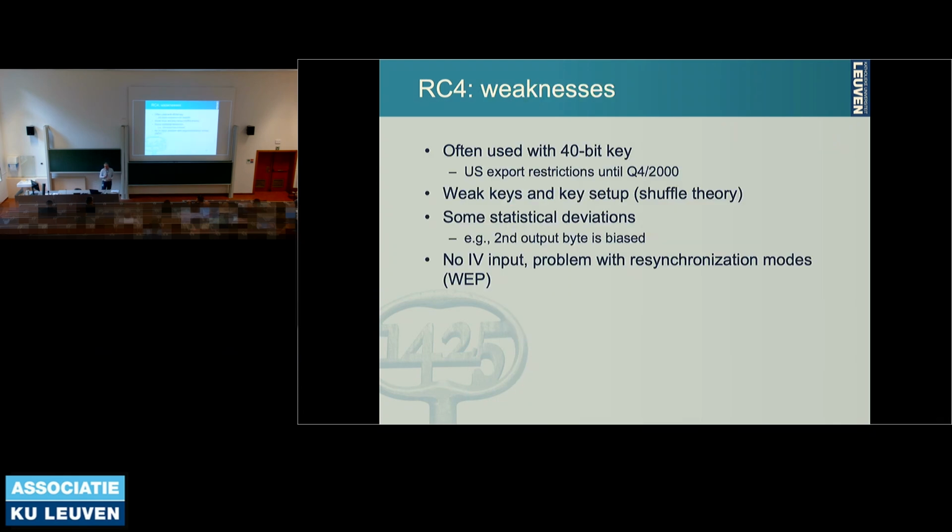And so people have been trying to break this cipher. So what are the weaknesses? The most important weakness is that this cipher has been implemented a lot with a 40-bit key, because it dates back from a time that the United States didn't want to allow export of software with keys larger than 40 bits.